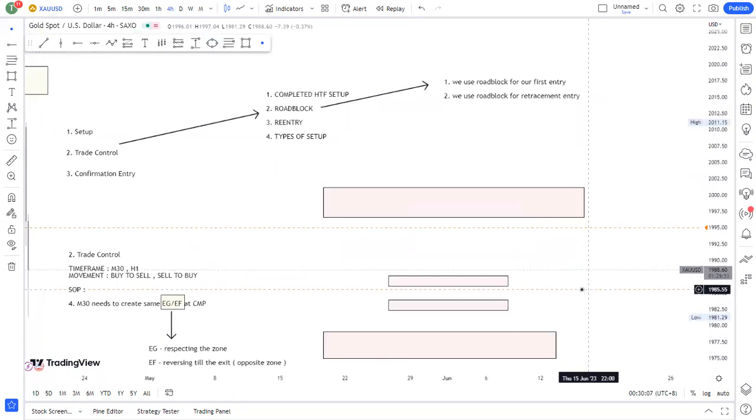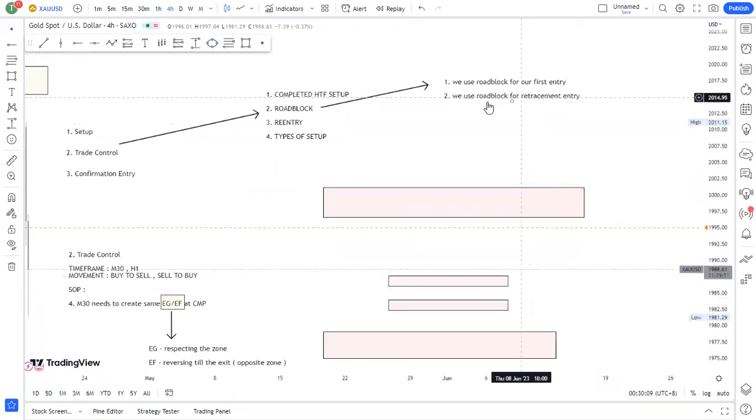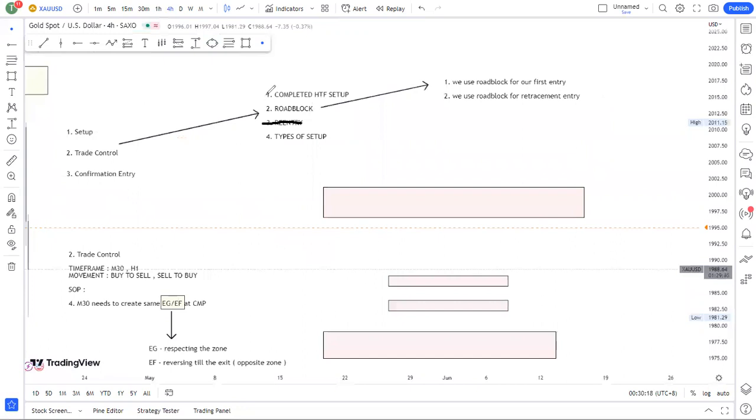Just now we learned re-entry, and we already learned about the completed high time frame setup, which is when the price gets into the zone and creates the trade control. We also learned that we use the roadblock for retracement entry.